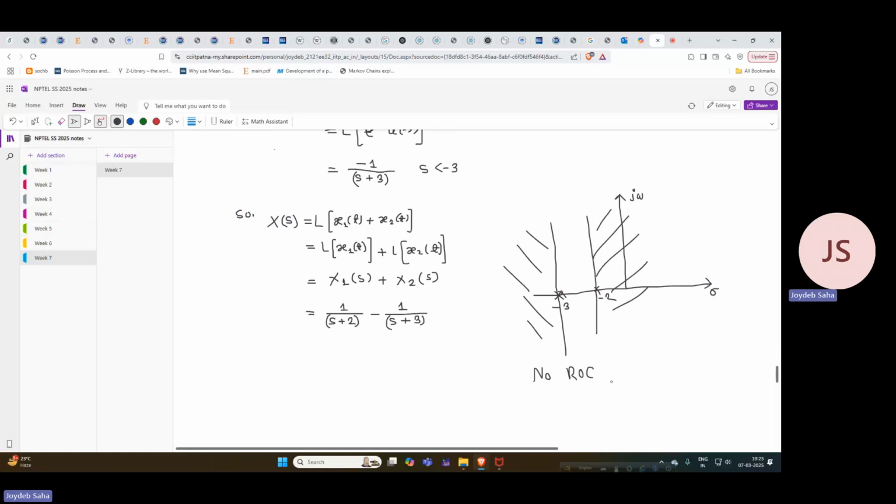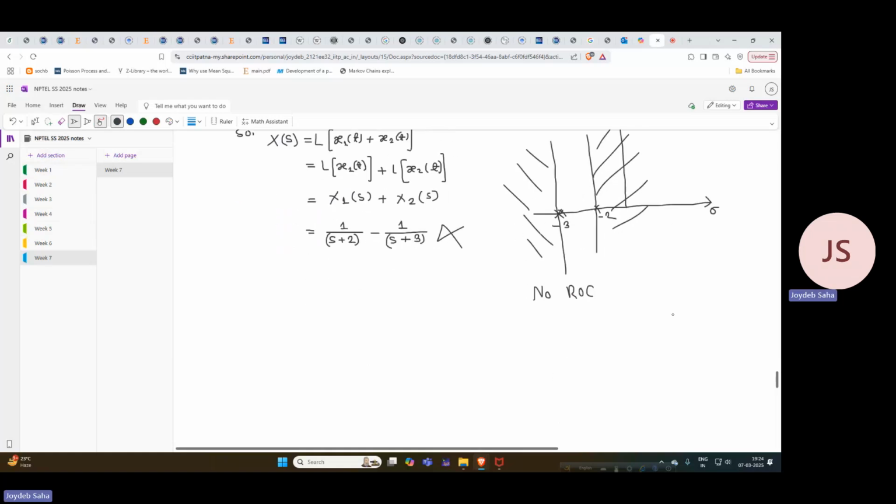And if there is no ROC, there does not exist any Laplace transform. So no ROC, so no Laplace transform.